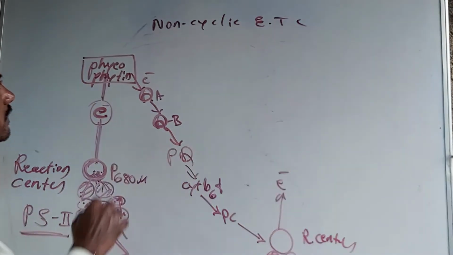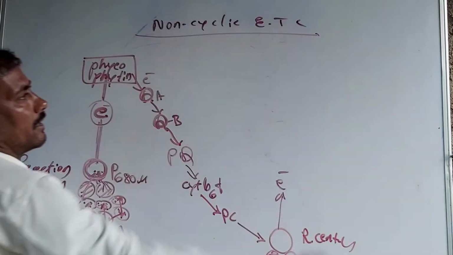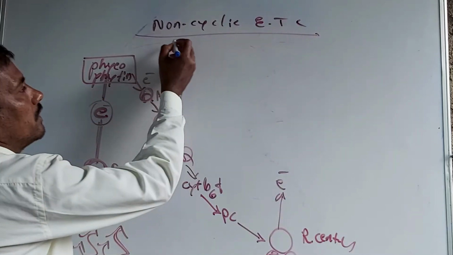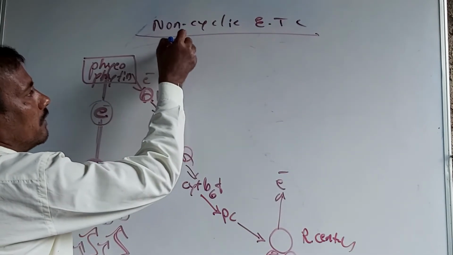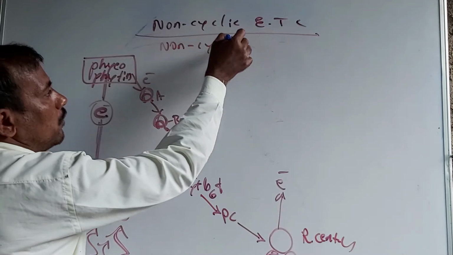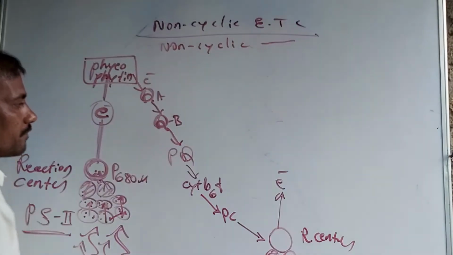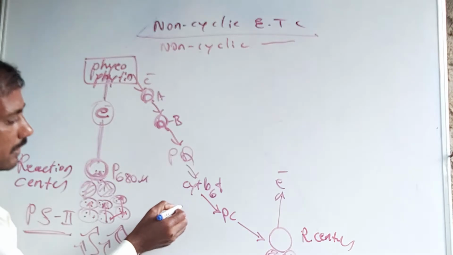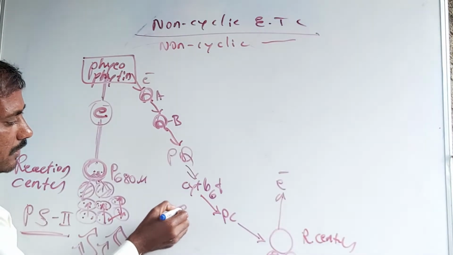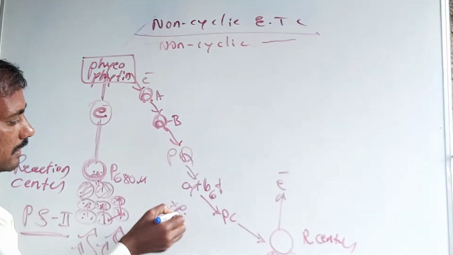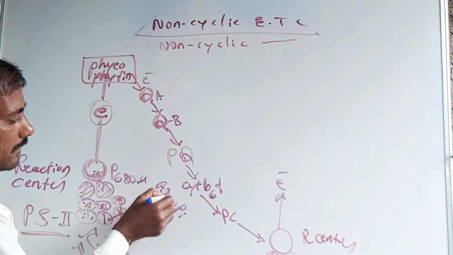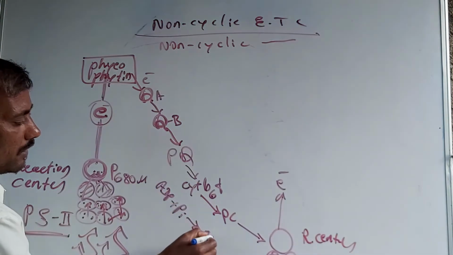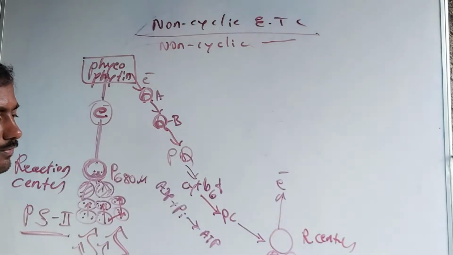Here, what happens during the non-cyclic electron transport chain, which is also called non-cyclic photophosphorylation: the inorganic phosphate is added to the ADP, and ATP molecules are formed.